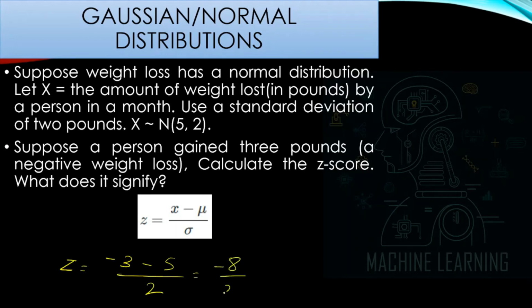This is minus 8 upon 2, which gives us minus 4. Minus 4 is a negative value, which specifies that this value lies 4 times the standard deviation away from the mean, on the left side of it. So this is what we can find out using the z-score of a normal distribution.